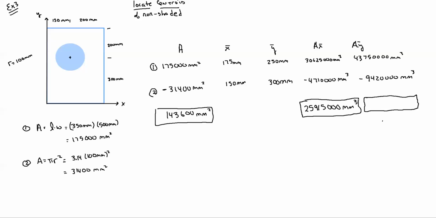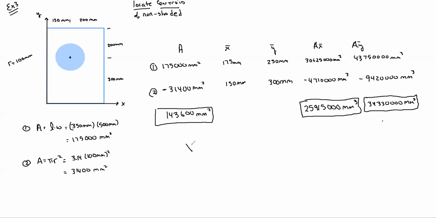And finally, 43,750,000 minus 9,420,000 gives 34,330,000 cubic millimeters.